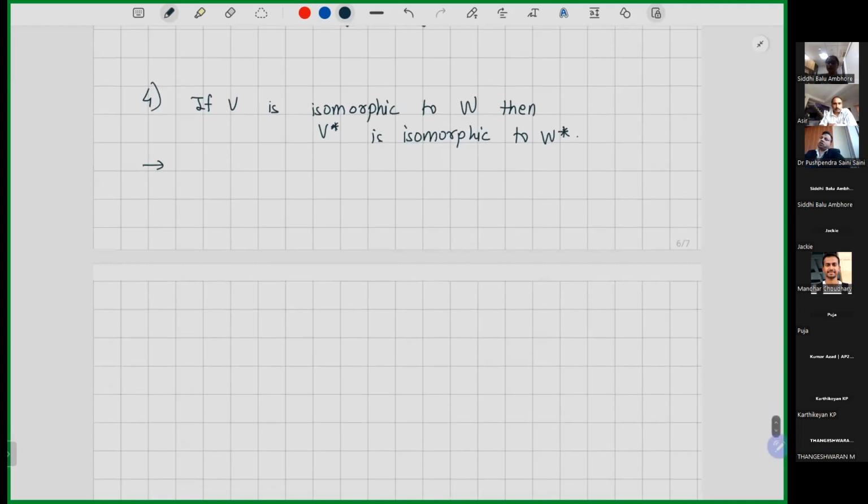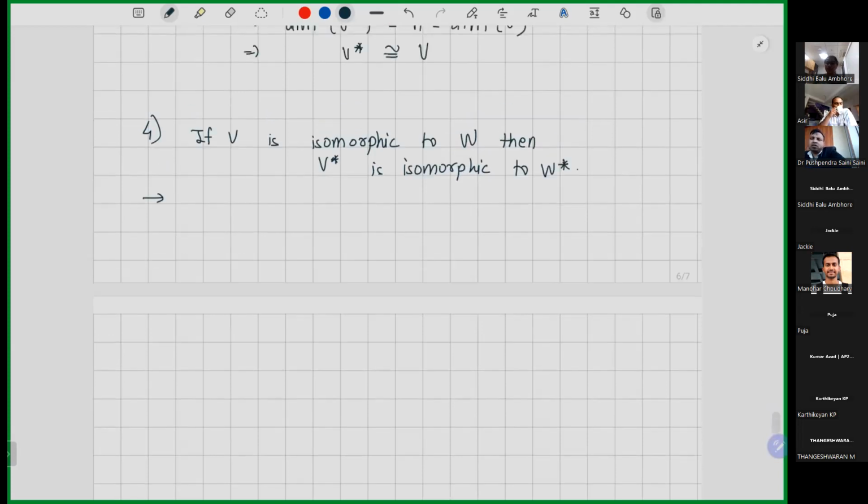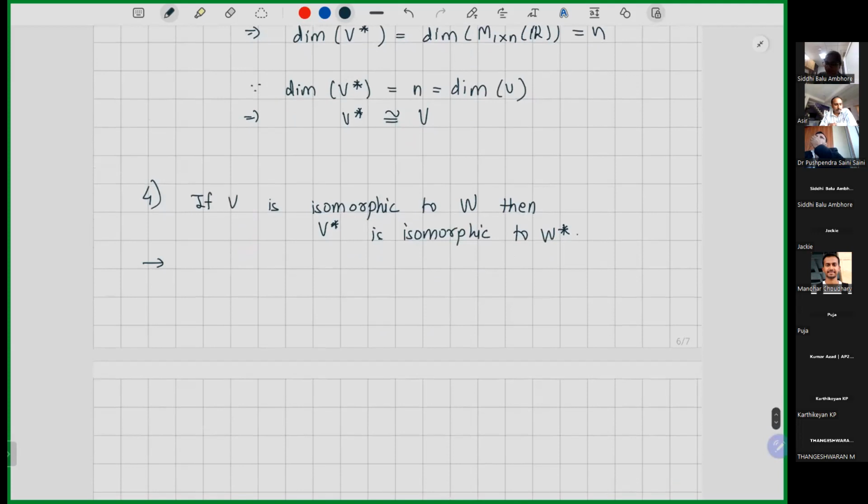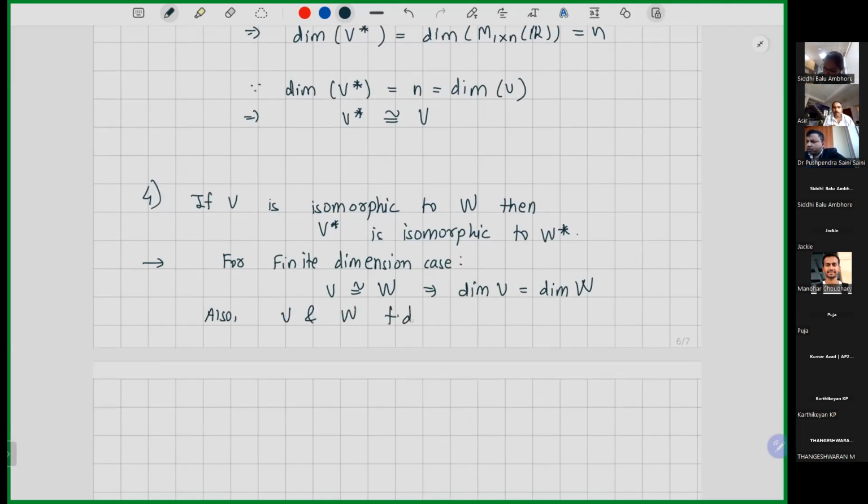Since they are isomorphic in the finite dimensional case, dimension of V is equal to dimension of W. And by the previous result, for finite dimensional V and W, dimension of V is equal to dimension of V star.